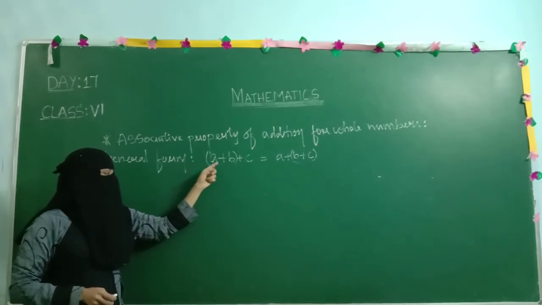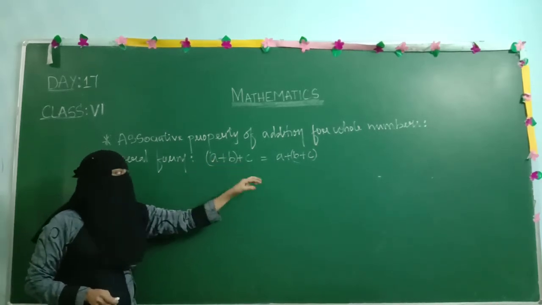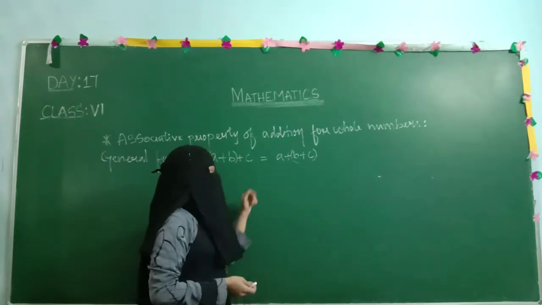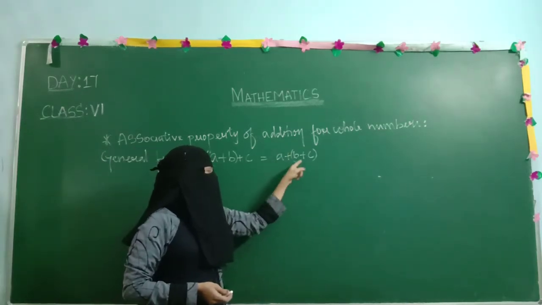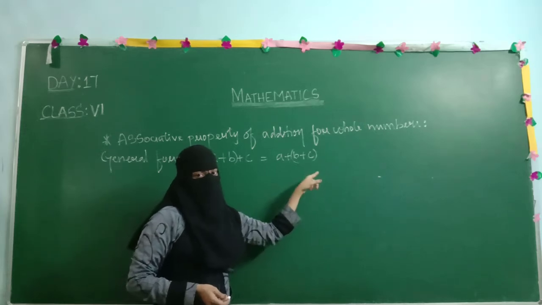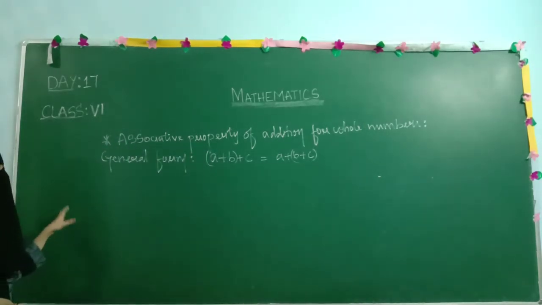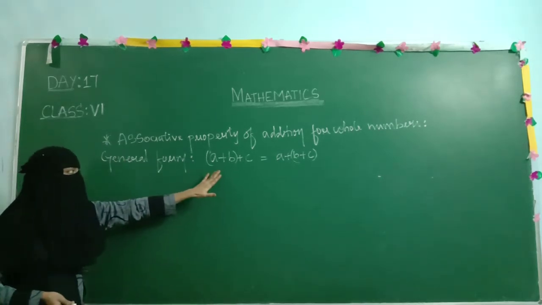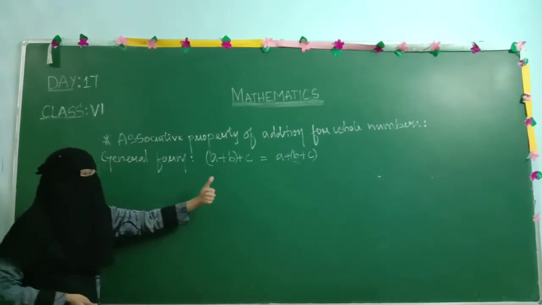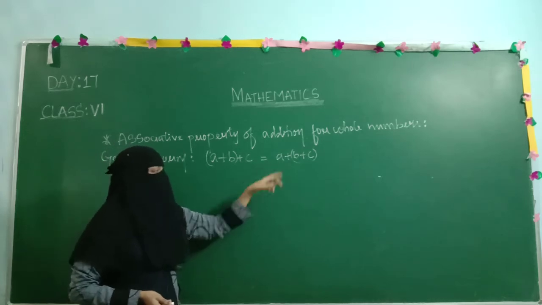So a plus b of plus c, and on the right hand side we have a plus of b plus c. This is the way to read it. So for the associative property of addition, the general form is a plus b of plus c on the LHS, and on the RHS we have a plus of b plus c.